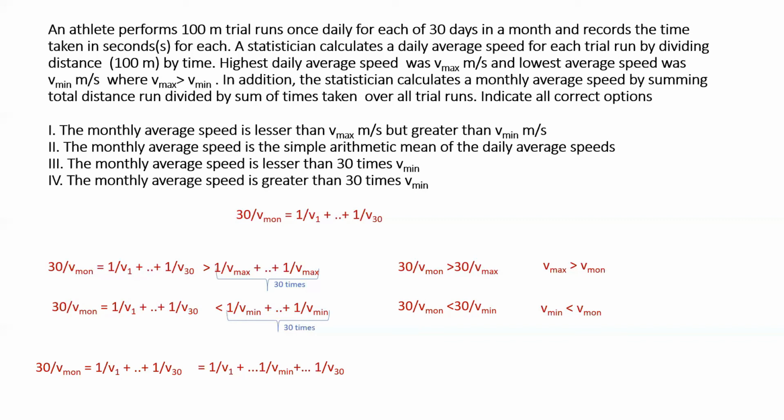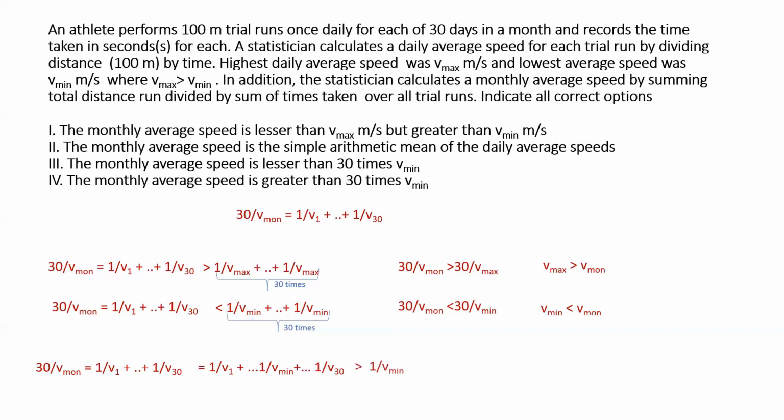And since it's in the denominator, it basically tells us what's the maximum limit of the value of any one of those reciprocals, and that's 1 by Vmean. And it should be there in that distribution. We don't know where it occurs. It might be the first average speed or the 30th average speed, or it may be somewhere in between.